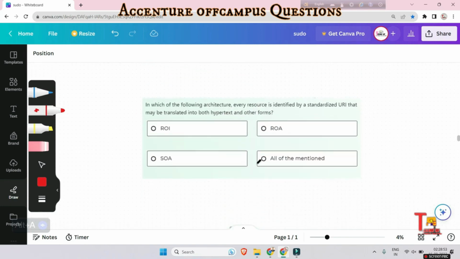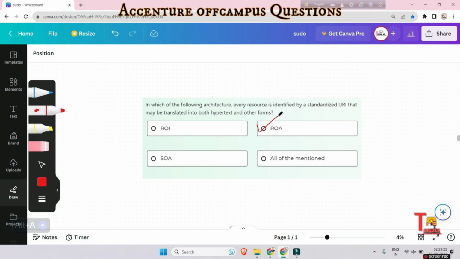So the next question is, in which of the following architectures is every resource identified by a standardized URI that may be translated into both hypertext and other forms? ROI, ROA, SOA, or all the above? Okay, I hope you have an answer in your mind. Okay, I'm answering. The answer will be ROA, right?